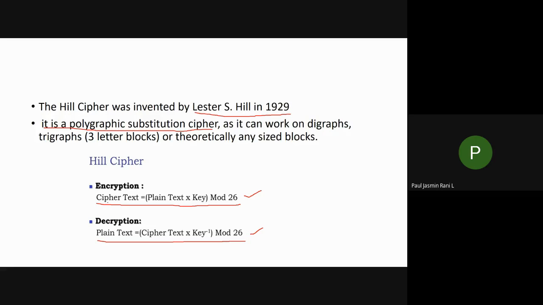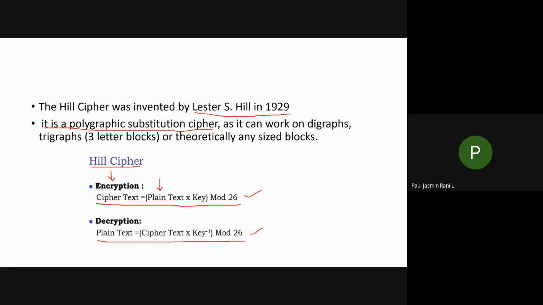First, let us see what steps you have to follow in order to perform this encryption. For the Hill cipher, what inputs are required? First, you require plain text.